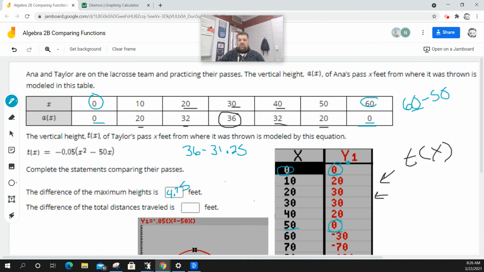So the thing goes up and comes back down, but it does it from 0 to 50 on this one. This one goes up and comes down, but it's 0 to 60. And the height is 0. So, anyways, that's 10. So 4.75 and then 10. And that's it.